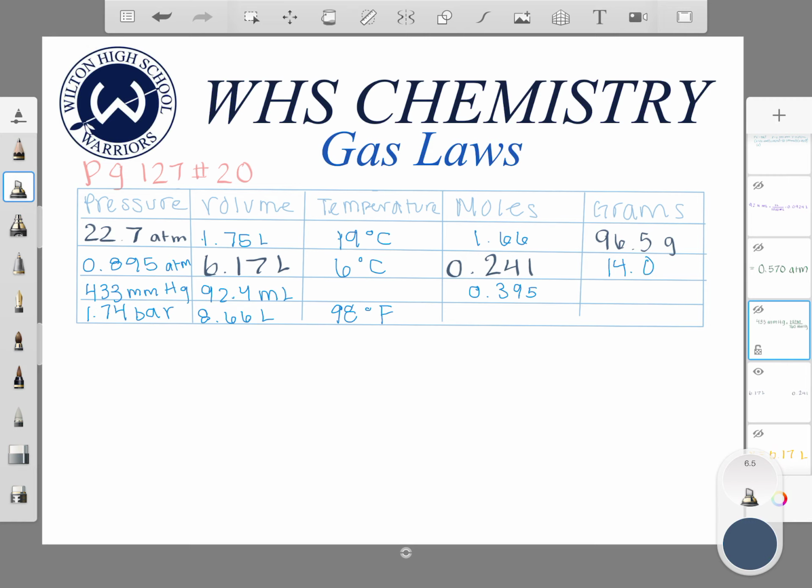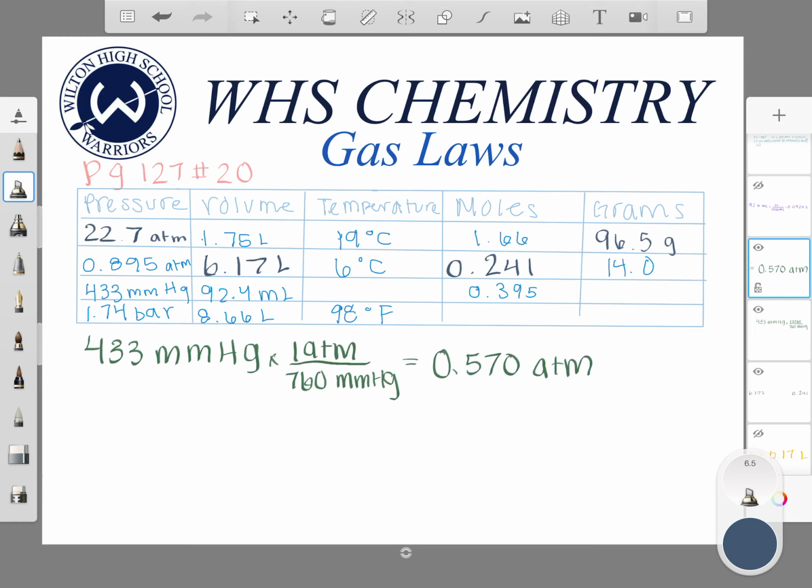Okay, so next row, the pressure is in millimeters of mercury, so we're going to convert that to atmospheres. So we have 433 millimeters of mercury, and we're going to basically just divide that by 760, which is the conversion factor, and that's going to equal 0.57 atmospheres.